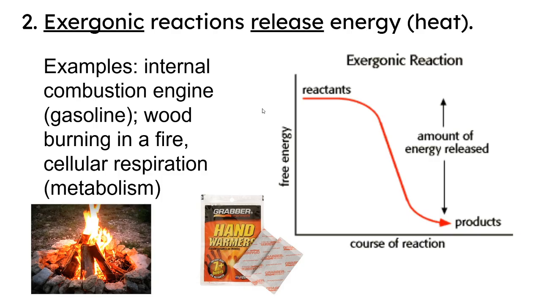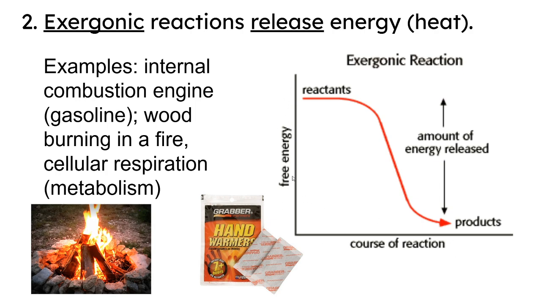And the key thing I want to make a note of is this graph over here. This is really important to understand the difference in energy levels between the reactants and the products for exergonic reactions. Over here on the x-axis, this is the course of reaction. This is basically just time moving linearly, a straight shot of time as the reaction goes on.